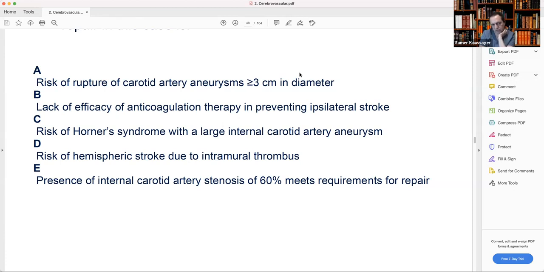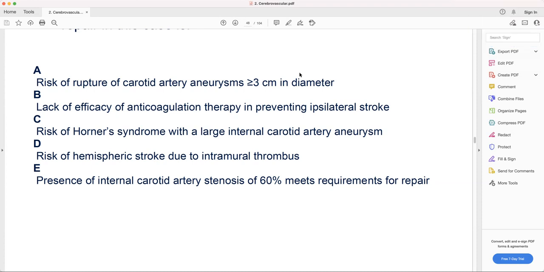They mainly cause emboli. The reason this is not correct is not because of the size, because sometimes they get even 4 or 5 centimeters and don't rupture, but they cause TIAs and stroke. So risk of rupture is not our concern. Again, as I said, TIAs. That's why this answer is wrong.